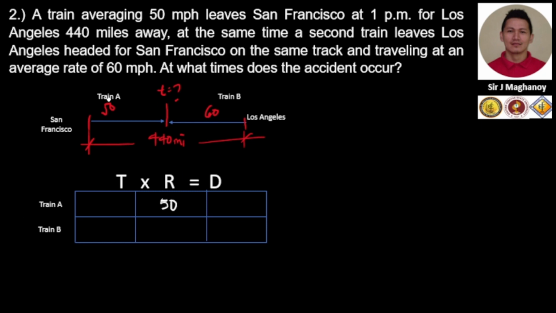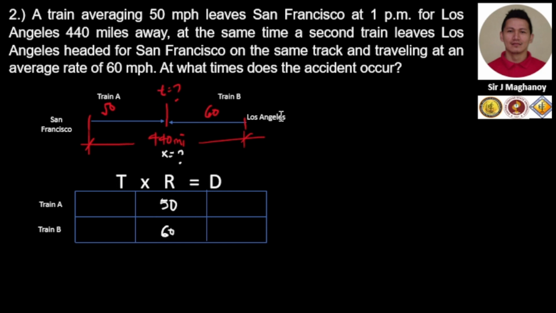How about train B? That is 60 miles per hour. Here, our unknown is time. Both train A and B will meet at a certain point. They collide. So our unknown is x, the time.